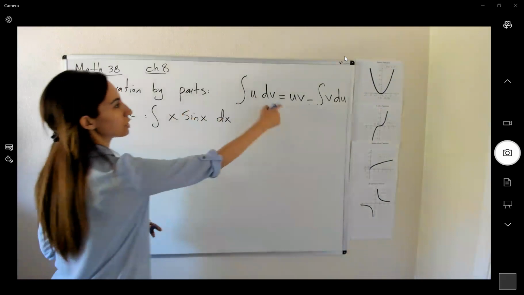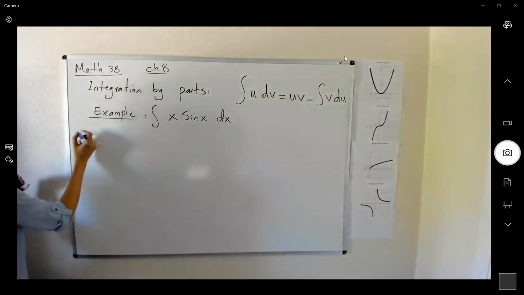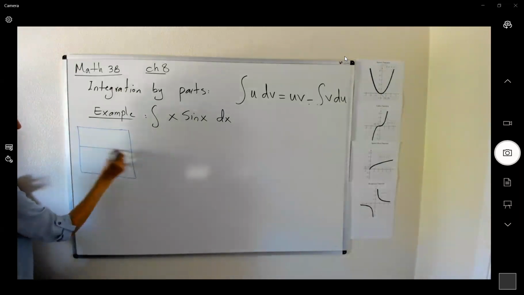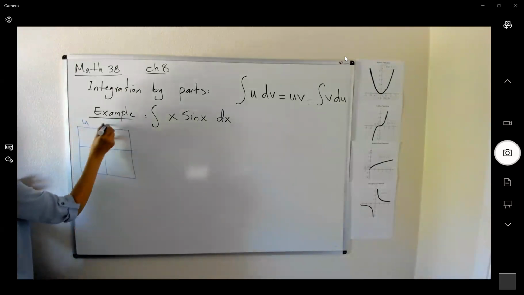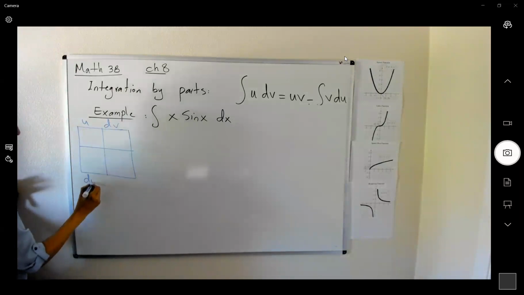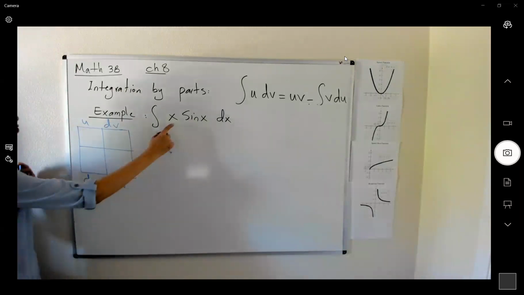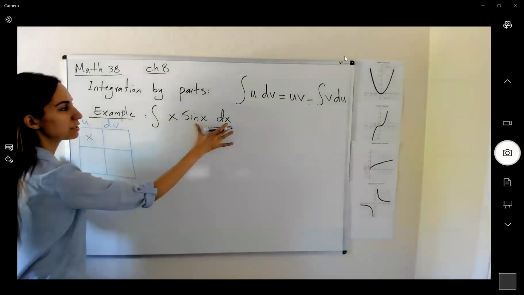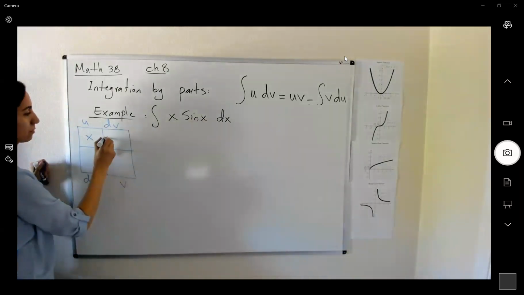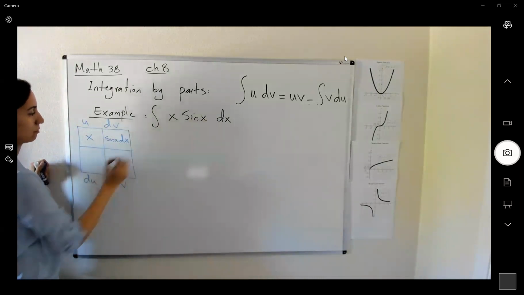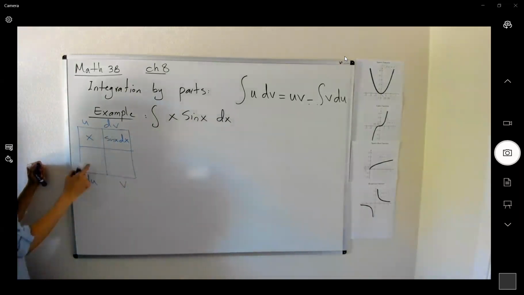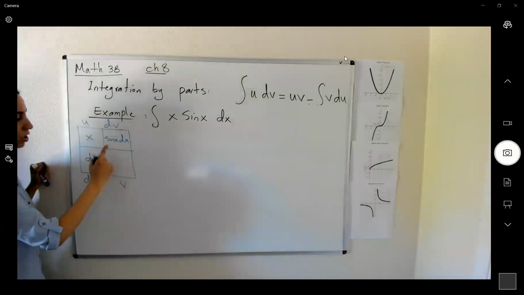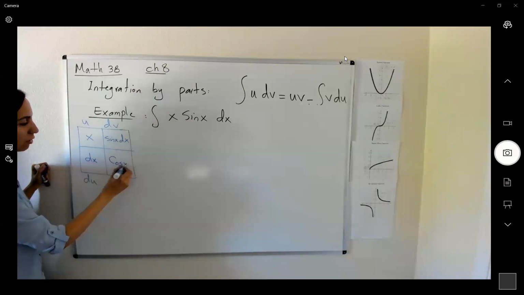We're going to use integration by parts and try to come up with the best choice for u and dv. So let us select u to be x and dv to be sine x dx. du, the derivative of x, is just dx, and v, the integral of sine, is going to be minus cosine x.